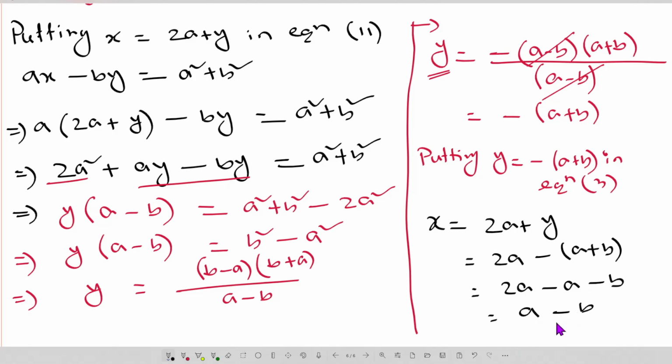So our answer is x equals a plus b and y equals minus a plus b, and this is our answer.